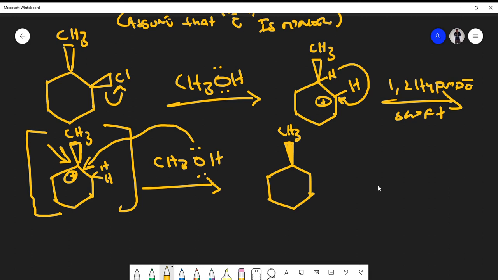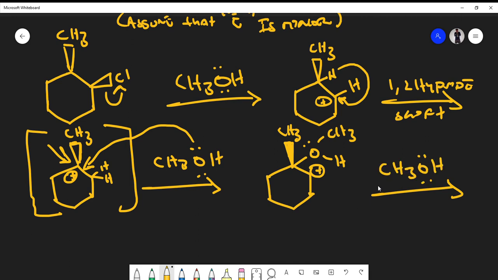So now the oxygen comes in. It comes in with a hydrogen, and it comes in with a methyl group. It has a lone pair on it now, but remember, oxygen with 3 bonds and a lone pair has a positive charge. The last part of the reaction, another molecule of methanol comes in, takes the hydrogen, and puts it in the form of a lone pair on the oxygen.